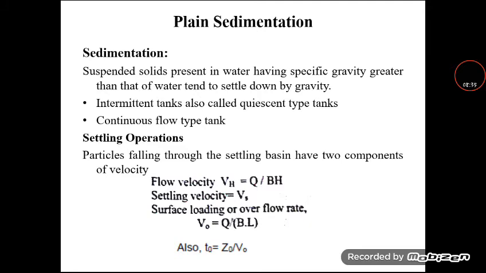But very fine particles are very difficult to make settle down in the tank. So we use some chemicals to form agglomeration, to make them one particle, and make them settle down.